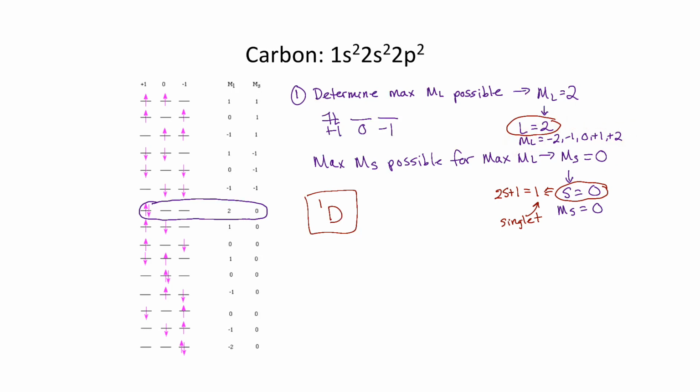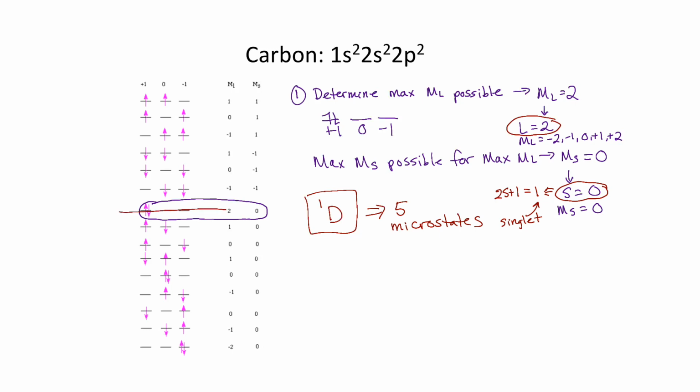So we get 5 options for m sub L that fall within that L equals 2 quantum number, and then we get the one value of m sub s that falls under that s equals 0 quantum number. Okay, so we get a total then of 5 microstates that are going to fall under our singlet D term symbol designation. Okay, so let's just knock those out.